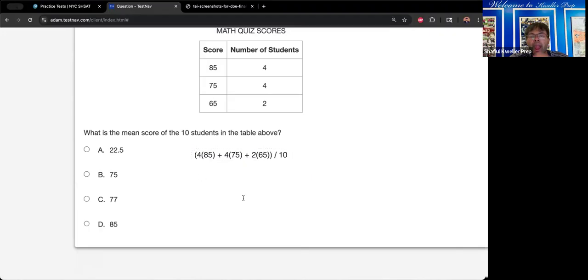And then you should get 340, 300, 130, so that should just be 770. Divided by 10 is 77. So the answer should just be C. There's not only 8 students, you should just add them up: 4 plus 4 plus 2.